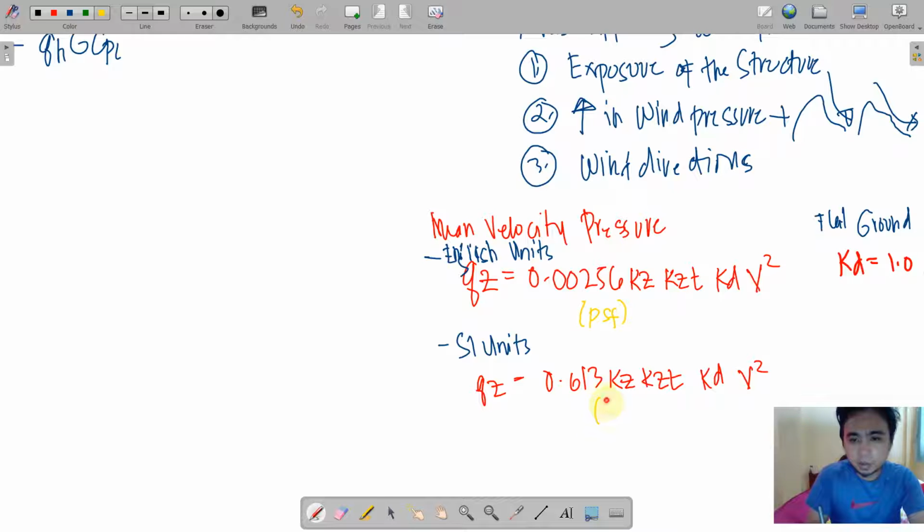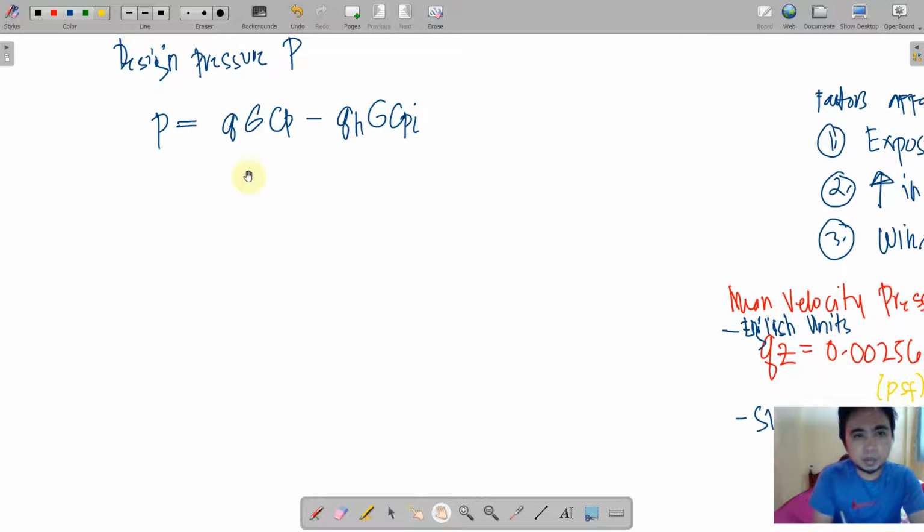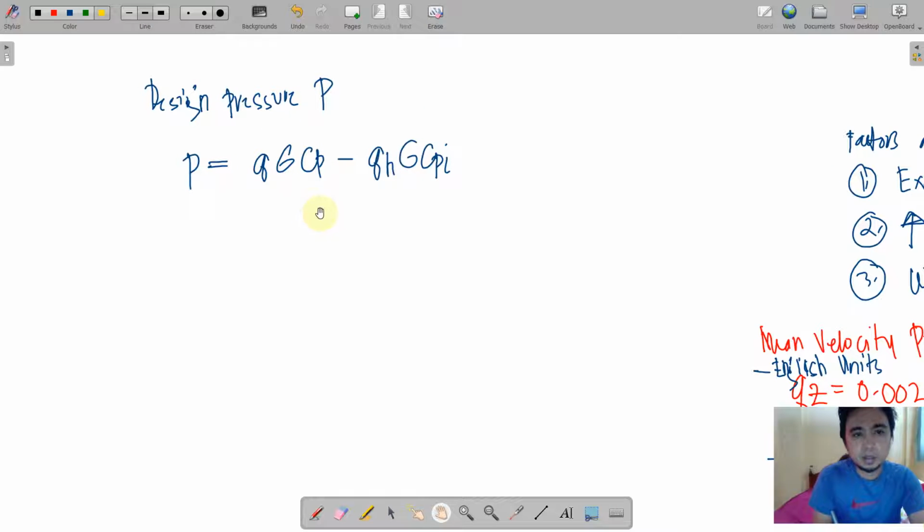Ito naman, Newton per square meter. So, Pascal and PSF. So, this will be expounded to the design pressure P. Yung design pressure P, ito na yung pressure na mailalagay doon sa surface ng building, whether it is wall or roofing. So, yun lang naman. Yung mga surface is yung wall at roofing and any cladding. Okay? So, those are the subjects of wind pressure.